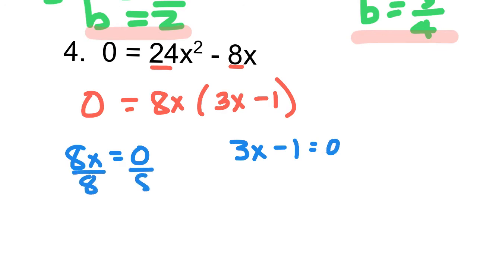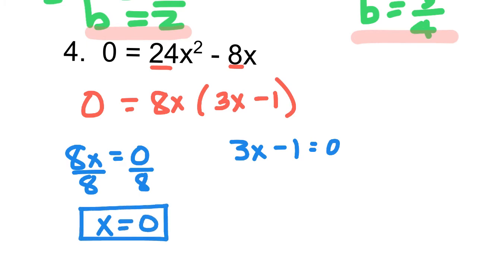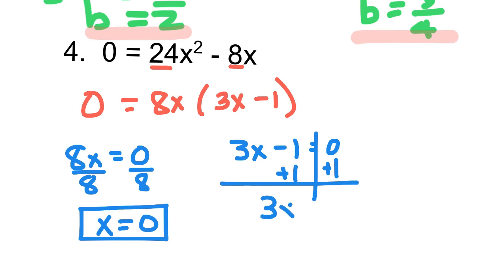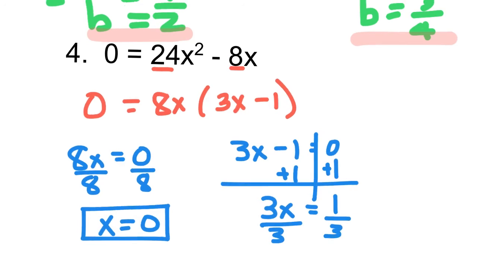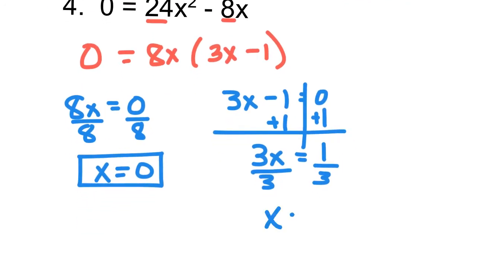So we'll divide by 8 on each side to isolate the x value. So one solution is x equals 0. And then we'll come to the second equation and isolate the variable and get a solution of x equals 1/3.